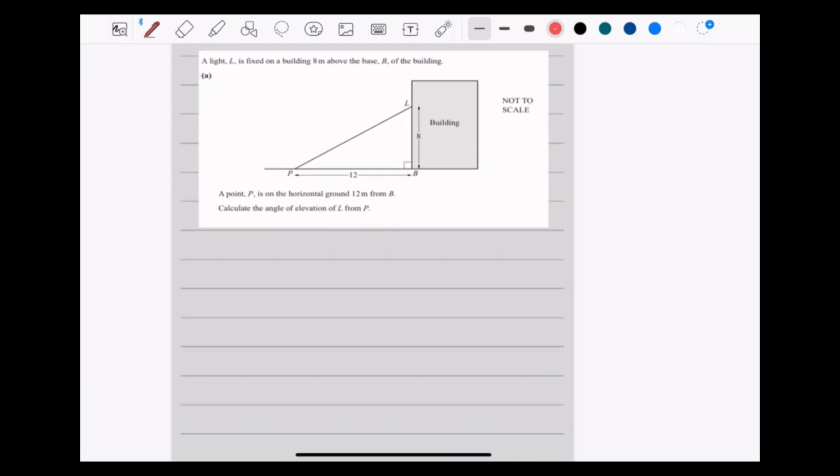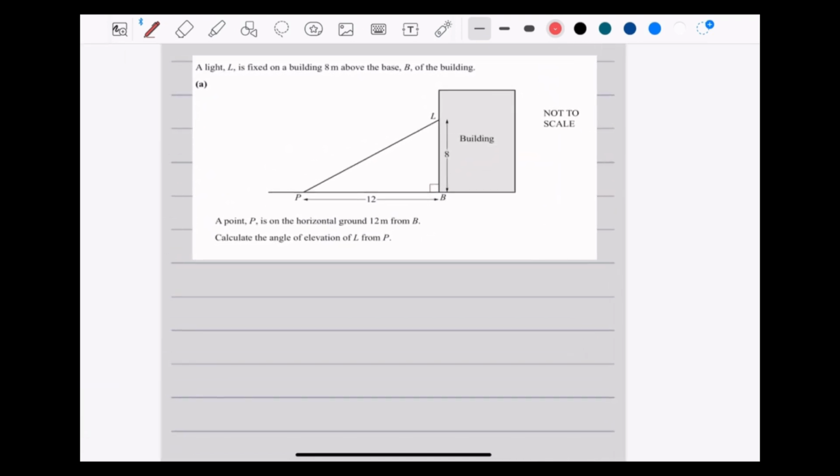Let's take another example. A light L is fixed on a building 8 meters above the base. This is the height from the ground of the bulb, and a point P is on horizontal ground from B. We calculate the angle of elevation. So this is the horizontal distance.